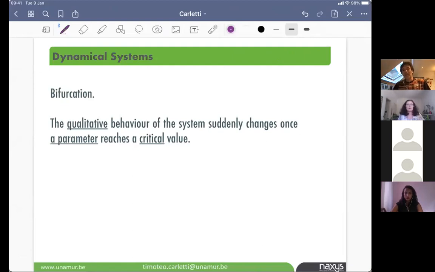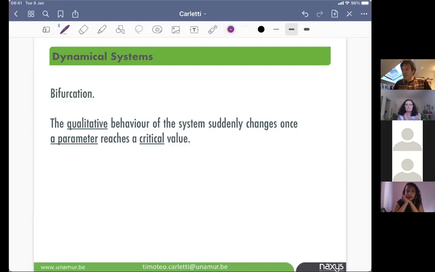Qualitative is not a precise definition, but you understand from the picture that I showed you: qualitative in this case means that you have a single fixed point that bifurcates into a limit cycle plus another unstable fixed point. So the shape of the dynamical system, or the phase portrait, changes qualitatively. So this is the idea of bifurcation.